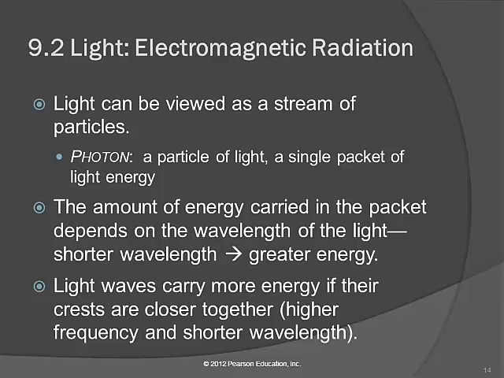Compared to the entire electromagnetic spectrum, it's a very tiny range. And then we're going to talk about these other types. The spectrum is divided into different sections: ultraviolet radiation, X-rays, gamma rays, infrared radiation, microwaves, and radio waves. And you've probably heard of most of those.